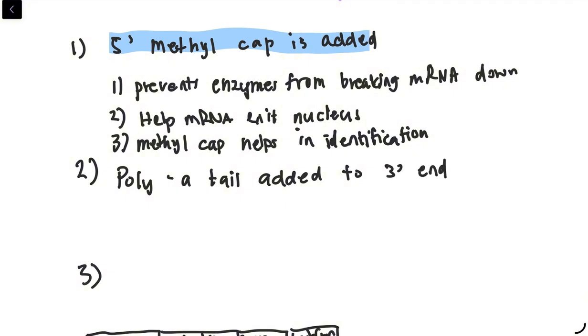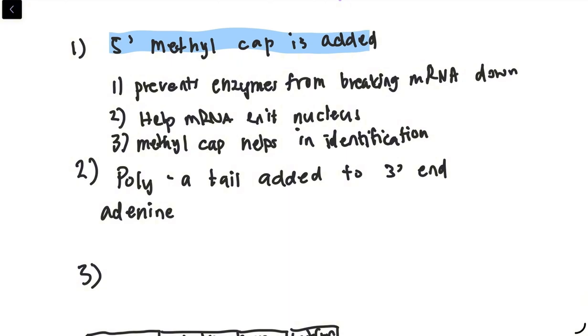Well, we know that poly just means a long chain of things. We have a polypeptide, which is a long chain of amino acids. Poly just means there's a lot of something, right? So a poly-A tail means there's a lot of adenine joined together. A represents adenine, similar to how in DNA you have A, T, C, G.